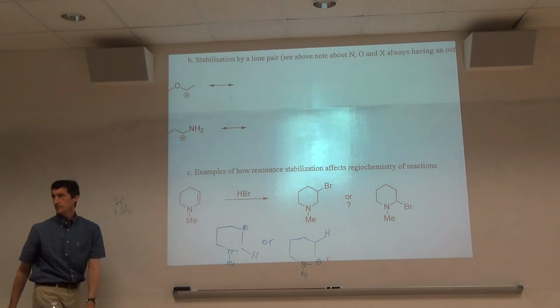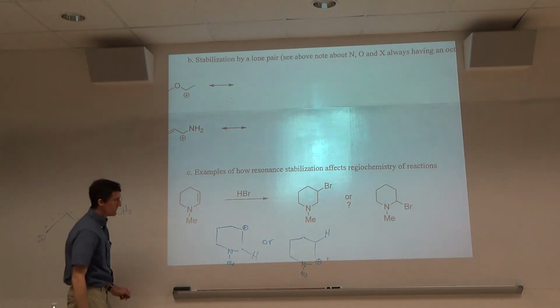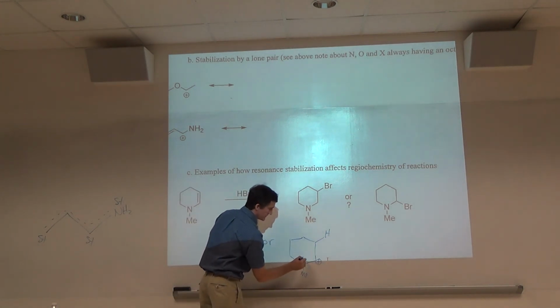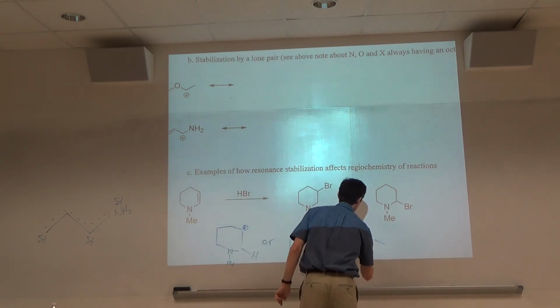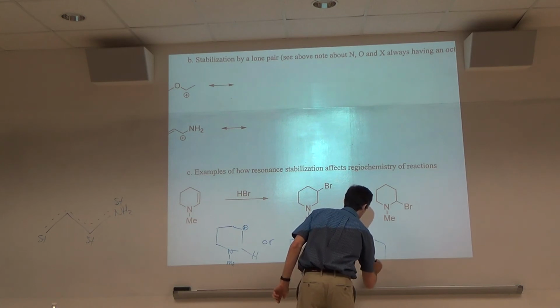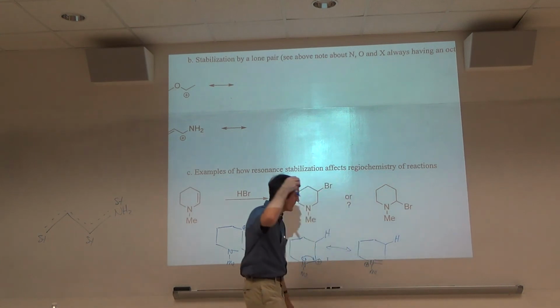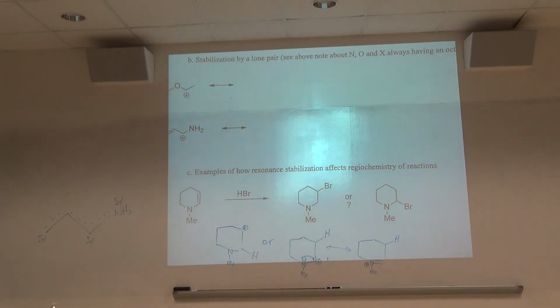Which cation do you like better? This one, because it's stabilized by how? Resonance. Stabilized by resonance. We can draw a resonance structure, and you're going to get the resonance stabilized cation.